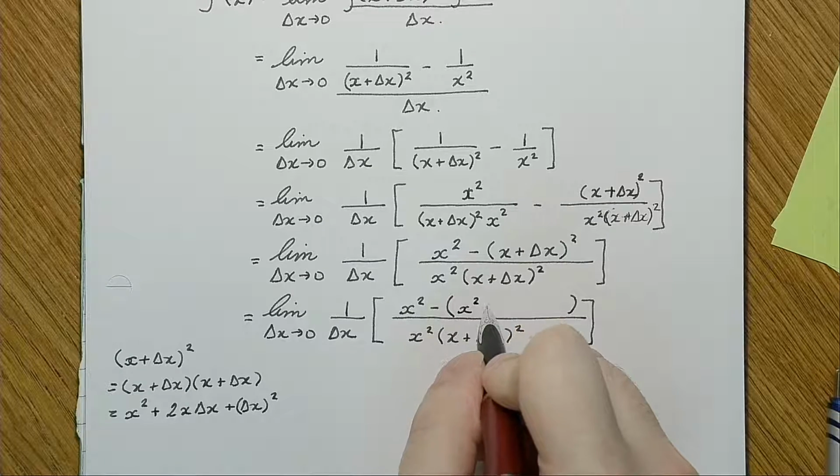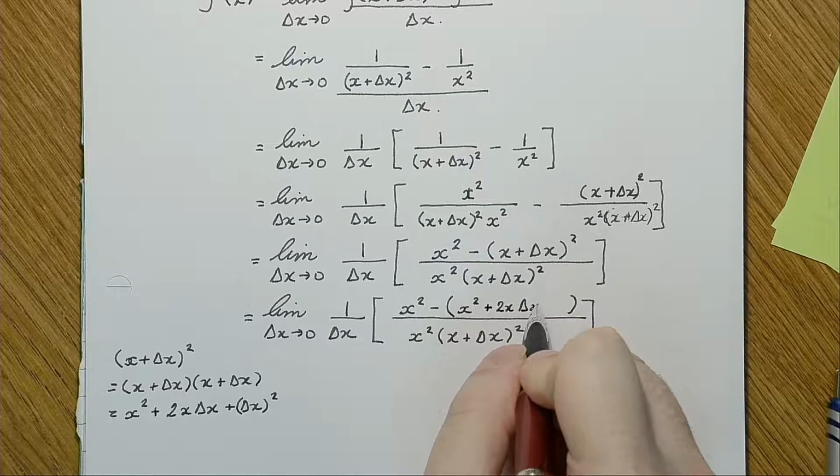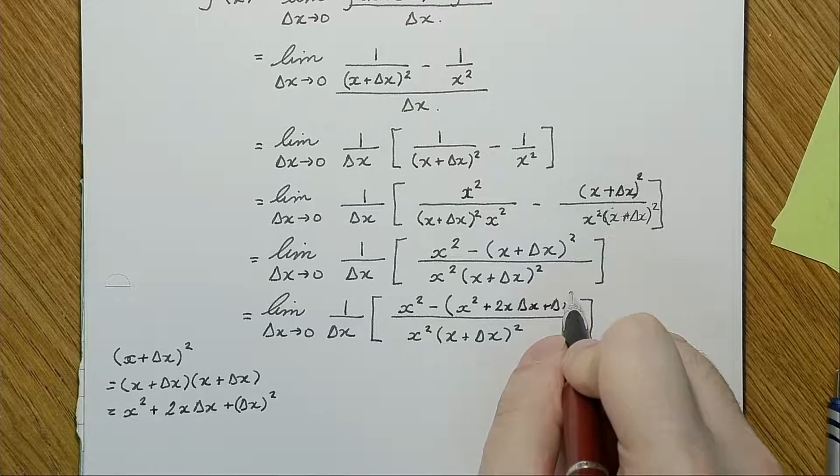So x squared plus 2x delta x plus delta x squared.